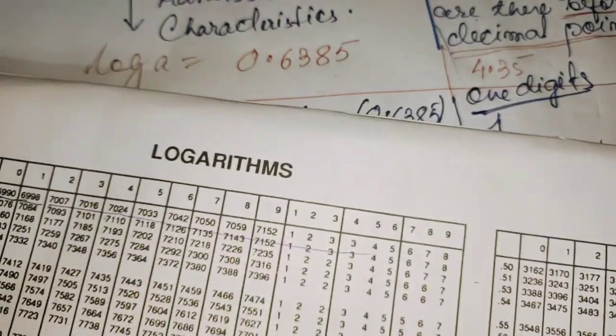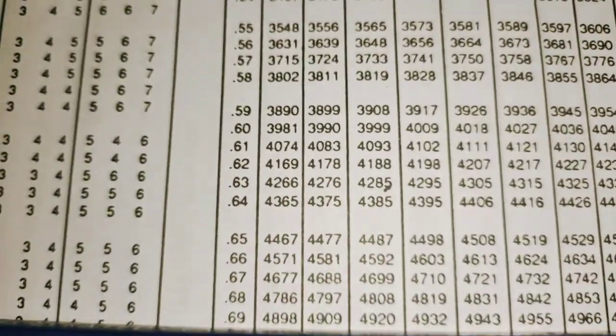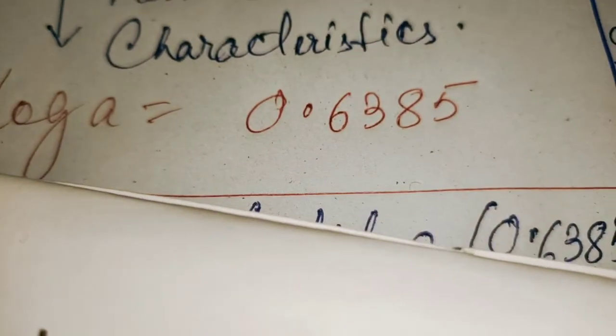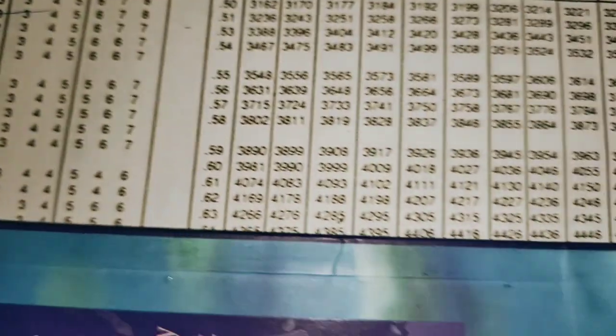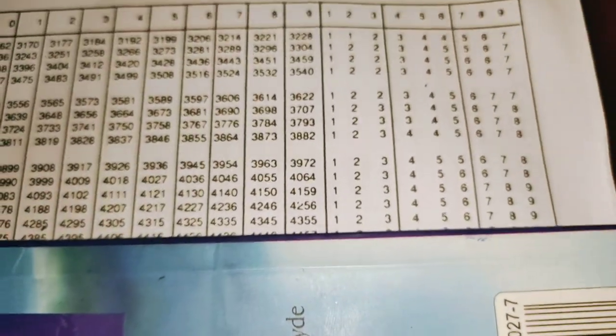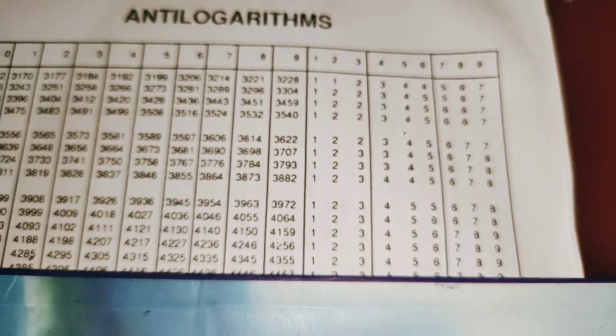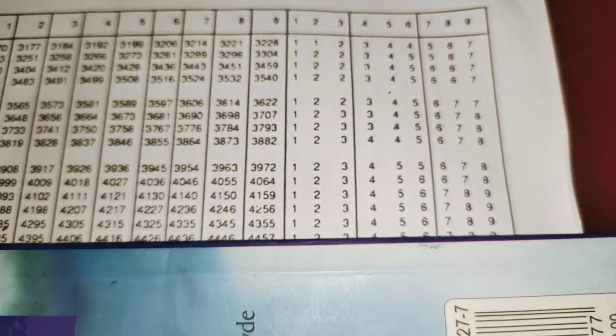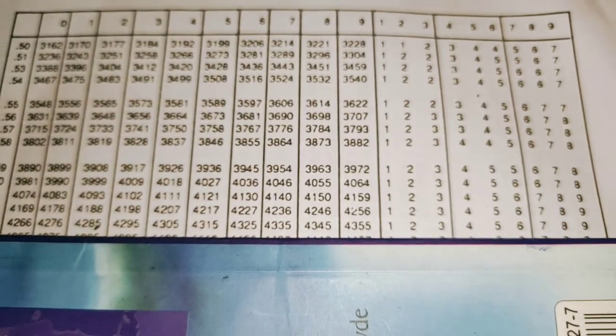Now after 4345, what do we have to check? We have to check the mean difference 5. You can see here the mean difference value 5 is there. So where does the mean difference fall? For 4345, the mean difference value in column 5 is actually 6.